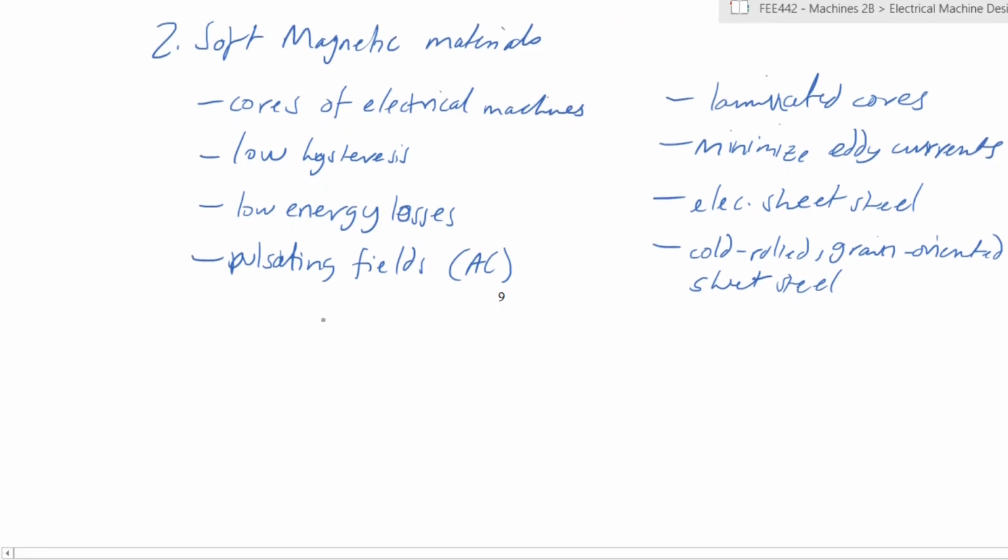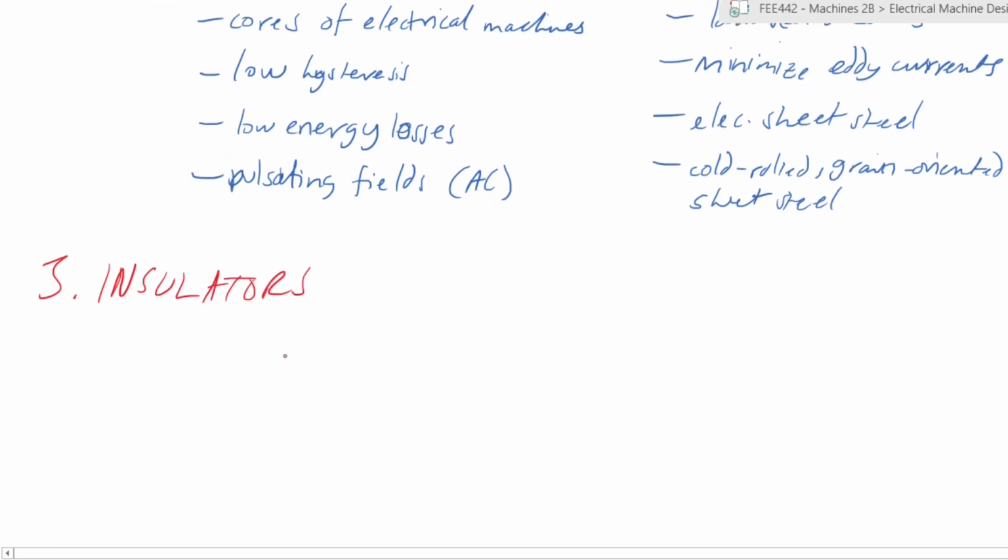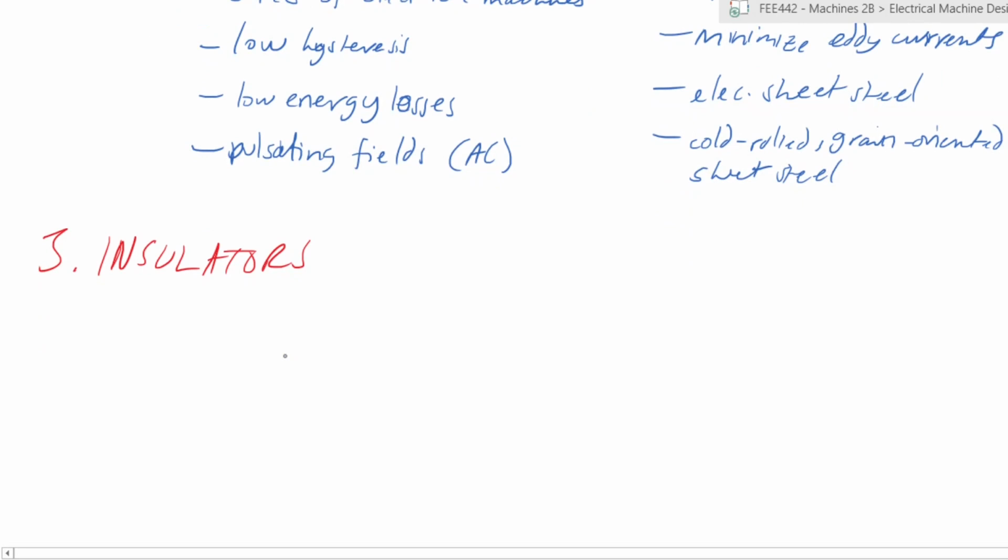And finally, the last type of material that we will be talking about are the insulators. So we mentioned insulators before, and these are generally used to separate current carrying conductors within the machine from each other.